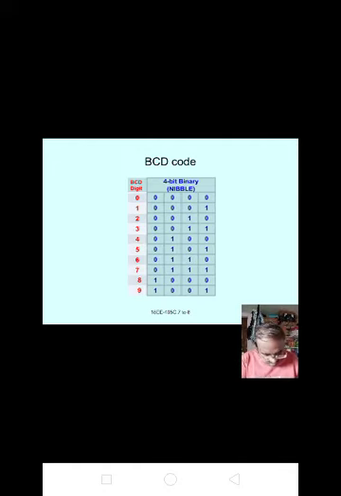For 0, the 4-bit binary number using code 8421 is 0000. Next, for 1, 0001. For 2, 0010. For 3, 0011.